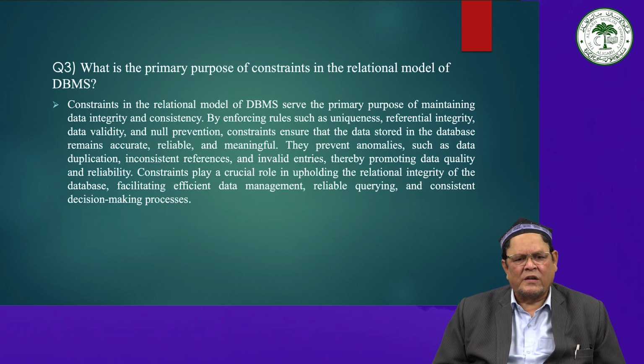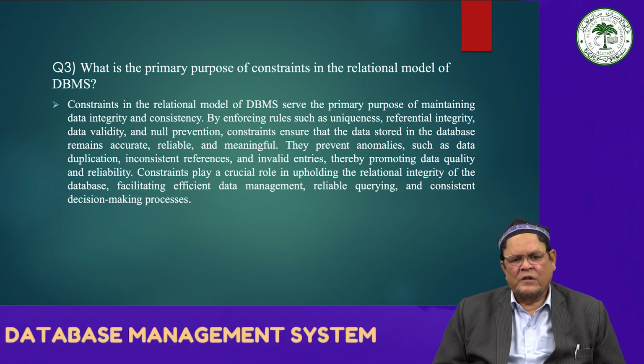The next question was, what is the primary purpose of constraints in the relational model of database management system? The answer is, constraints in the relational data model serve the primary purpose of maintaining data integrity and consistency by enforcing rules such as uniqueness, referential integrity, data validity, and null prevention.